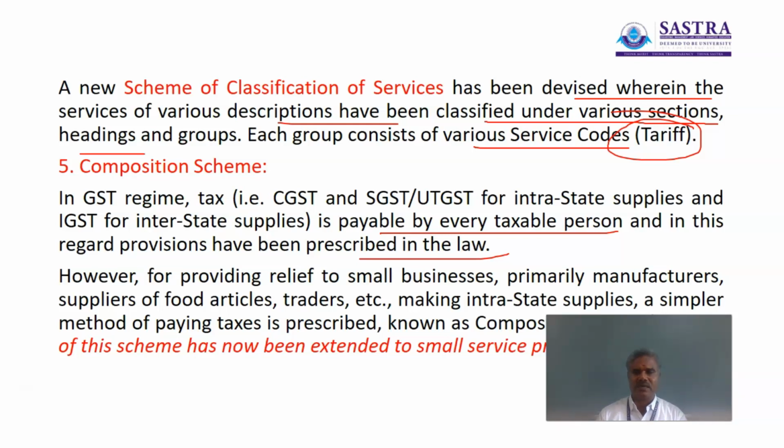We have to read, understand and follow. However, to provide relief to small businesses, primarily manufacturers, suppliers of food articles, traders, etc., making intra-state supply, a similar method of paying tax is prescribed, known as composition. The scope of this scheme has now been extended to small service providers also.